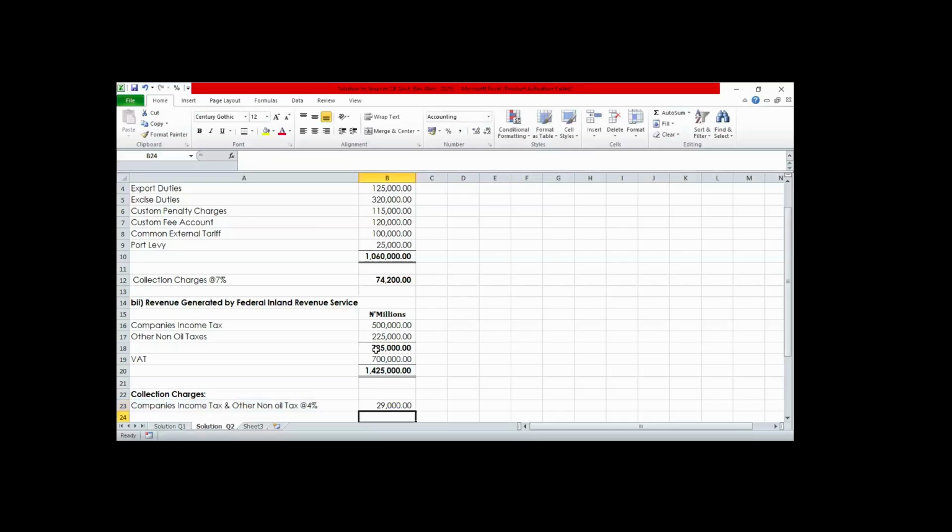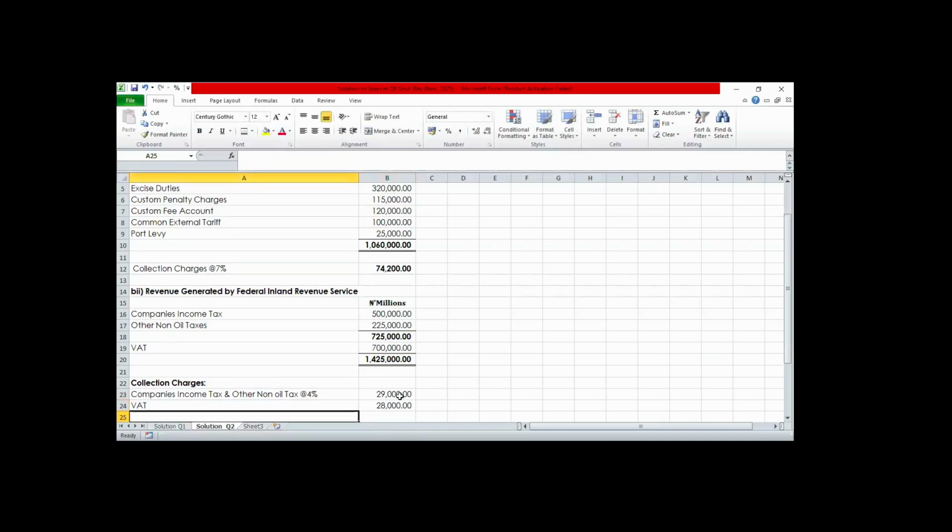That is 29. Then value added tax. We also have another 4% for the Federal Inland Revenue. That's 28.